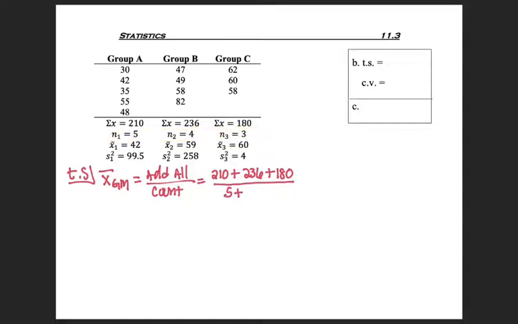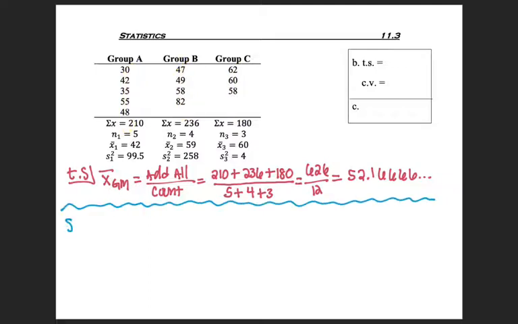So the 5 plus 4 plus 3 to give me 626 divided by 12 for a grand mean of 52.1666. That I'm going to have to round. But as I look back and glance at all these numbers, 52 feels a little high, but there is some high 50 numbers in that 82, so hopefully that's right.